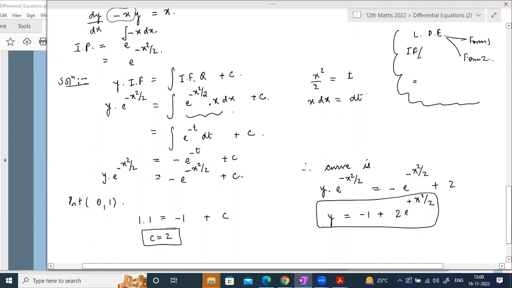And we also found out that the integral of e to the power x square is not easily findable at your level. If there are any doubts, let me know.